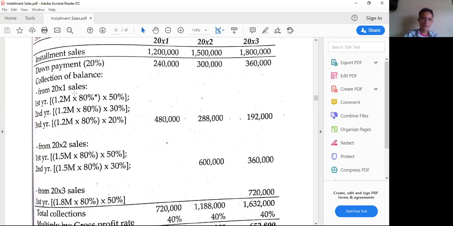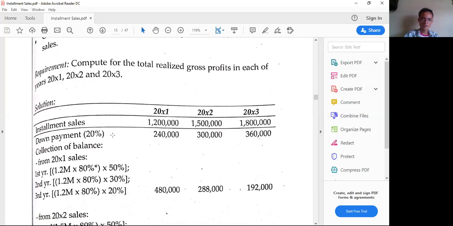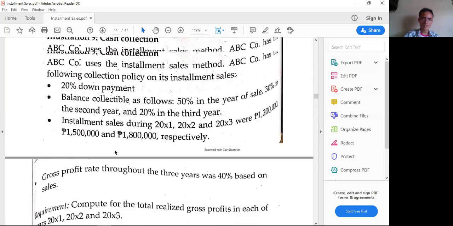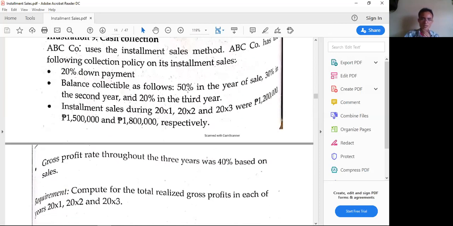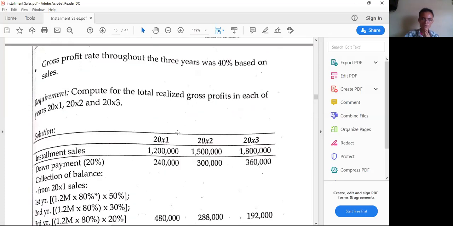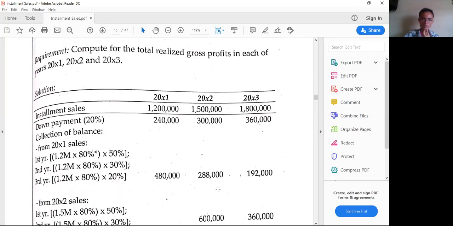So for 20x1, the 80% will be collected as well as for the second and third year, but they will differ on the percentages. So for 20x1, what will be collected will be 50% of that 80%, right? Okay, so for the 20x1, 50% of 80%, the 30% will be 20x2, 20% will be 20x3.